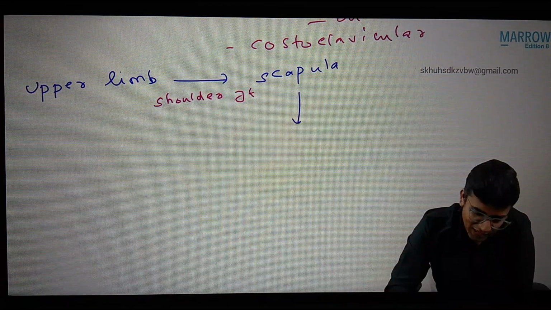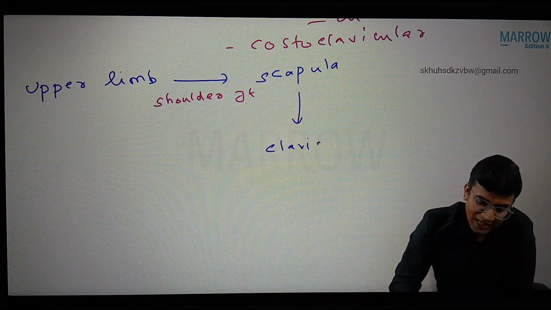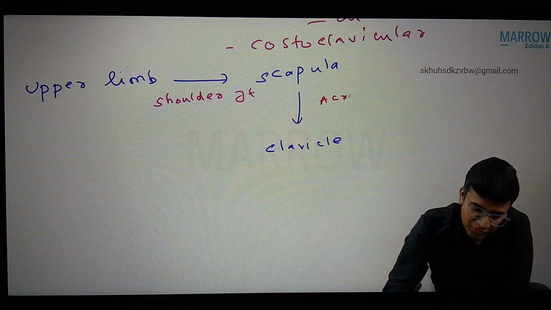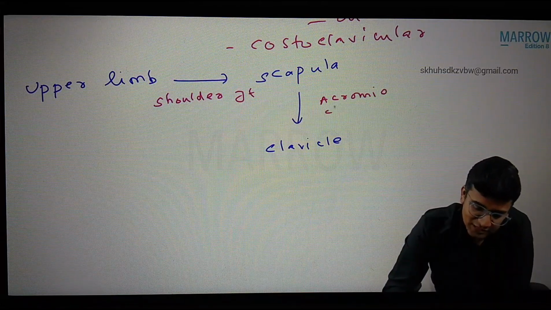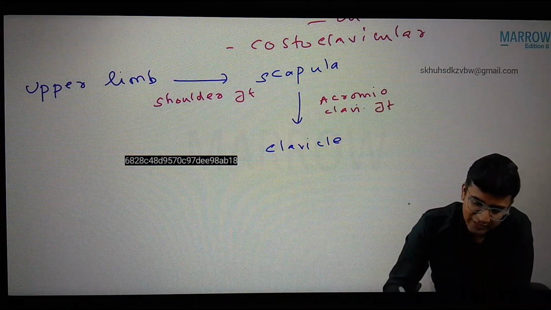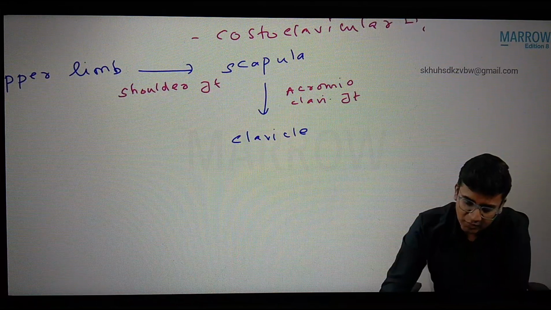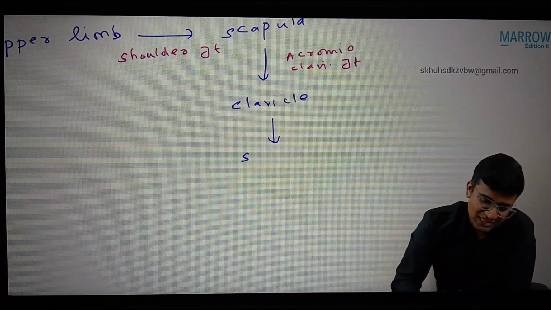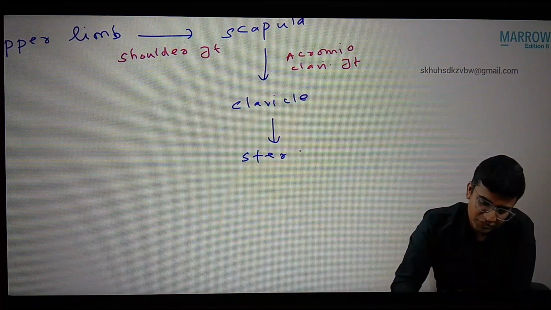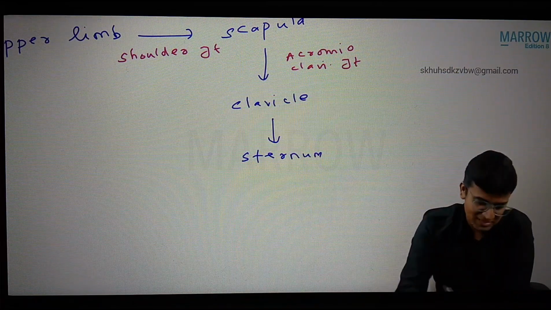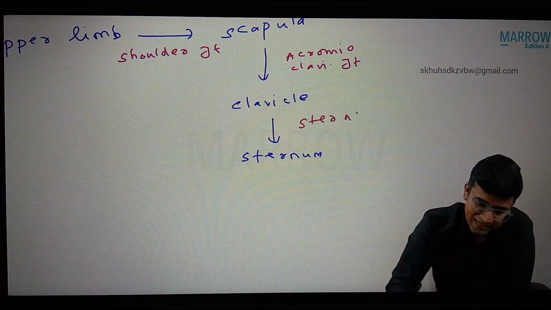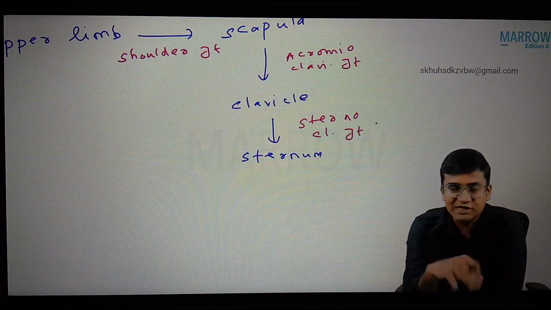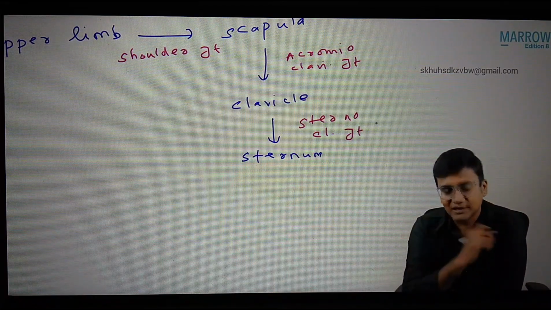Now from the scapula, weight is given to the clavicle through, just now I told you, acromioclavicular joint. Now, from the clavicle, weight is given to the trunk, the sternum, via the sternoclavicular joint.